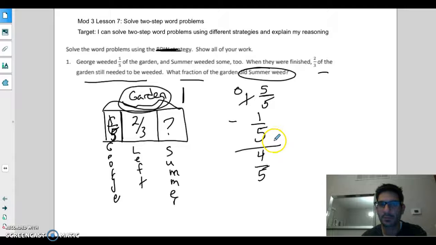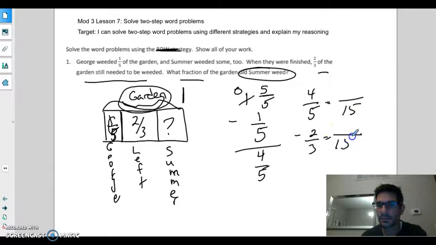So now we take 4/5 and minus that from 2/3 because that's what was left. Common denominator will be 15. That's times 3, so that's 12. This is times 5, and this is times 5, and that's 10.